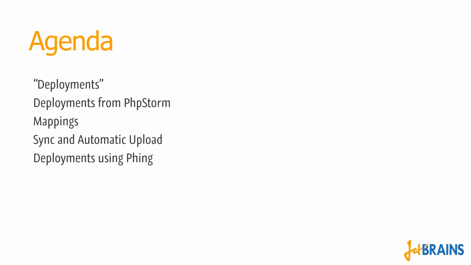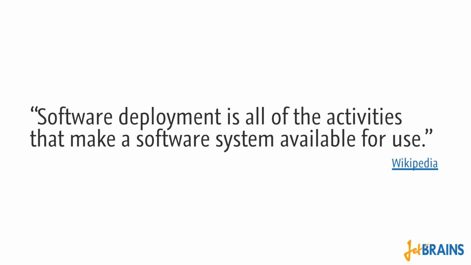Actually, deployment is a much broader topic, and today I hope to guide you through some of the basics in PhpStorm, as well as some of the more advanced scenarios regarding deployment. So the agenda for today is basically what I just said. We will start with defining what a deployment is. Then we'll have a look at how we can do deployments from PhpStorm.